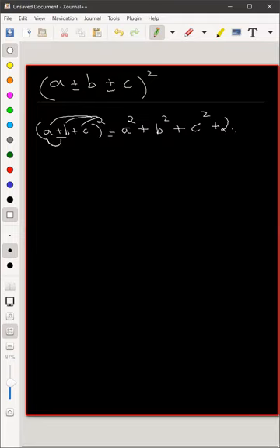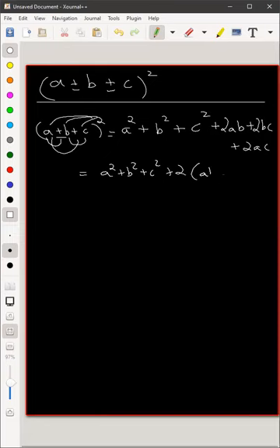So 2 times ab plus 2 times the next two, 2 times bc, and 2 times the first and the last, plus 2 times ac, right? Which can be further written as a squared plus b squared plus c squared. We can take 2 common over here. So this becomes ab plus bc plus ac or ca, whatever it might be.